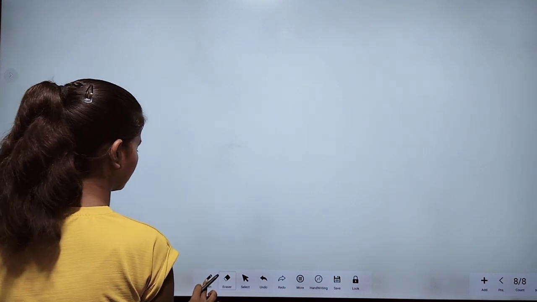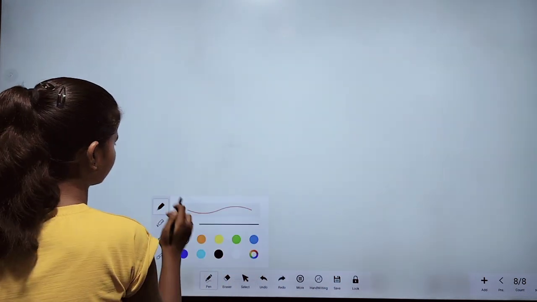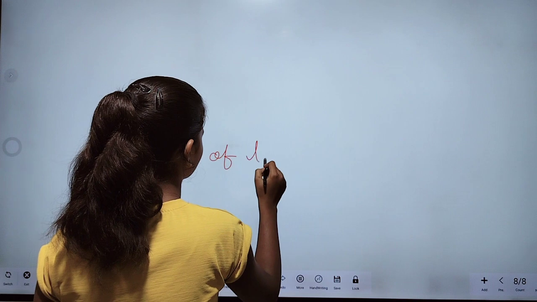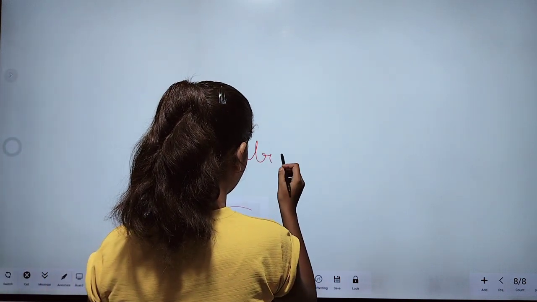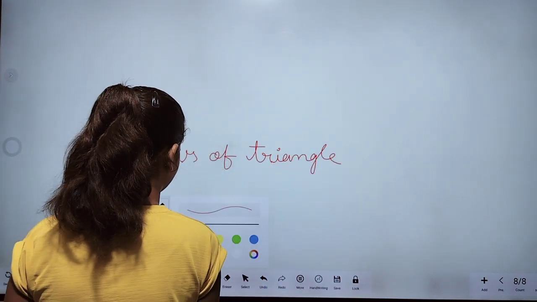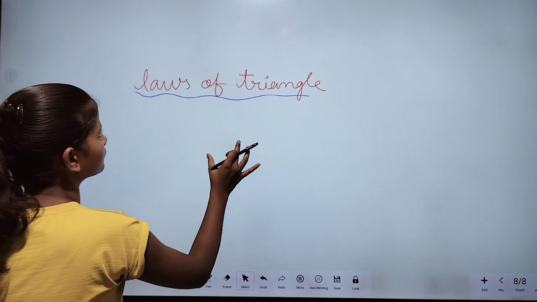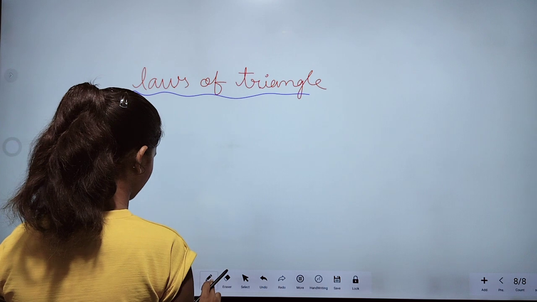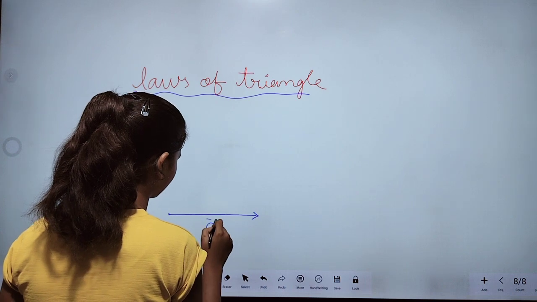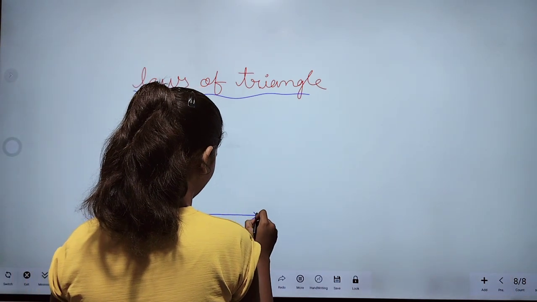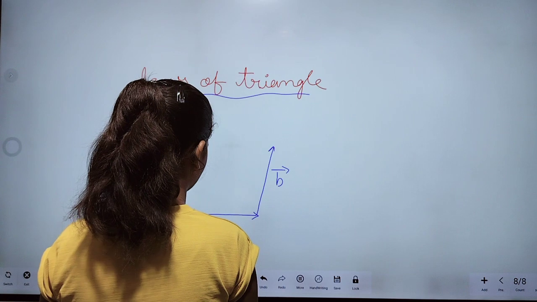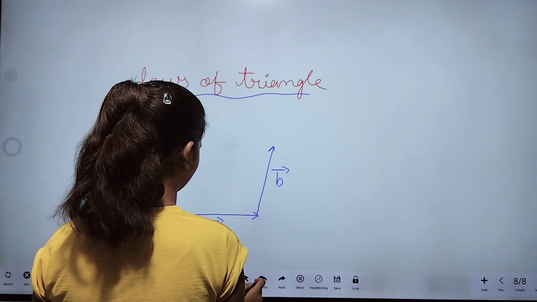Law of triangle. Draw the second vector on the head of the first vector. Okay, this is B vector.